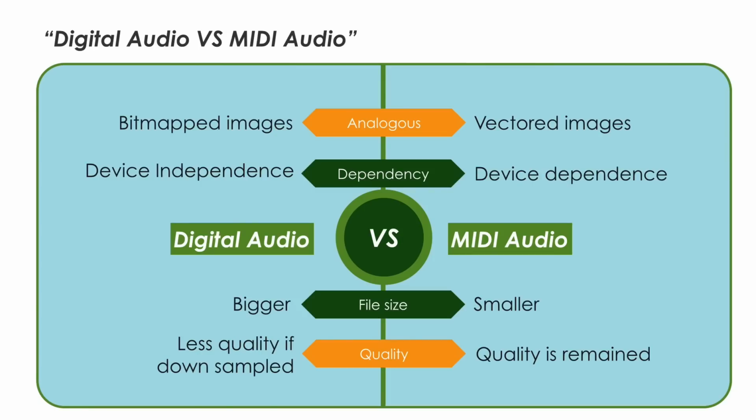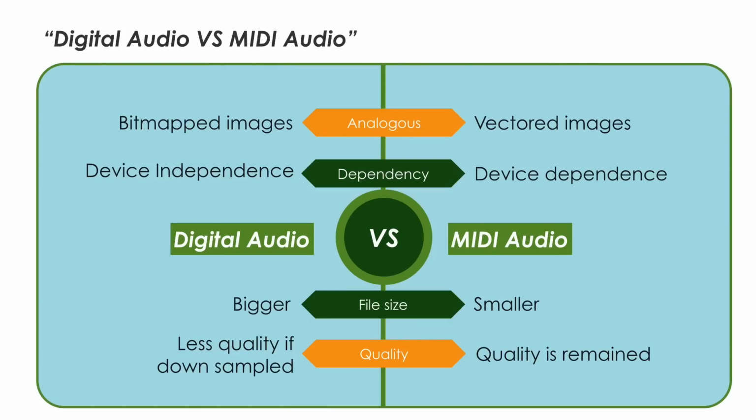Okay, so the dependency. Digital audio is device independent, where the quality depends on the recording device, not on the playback device. But the Midi audio is device dependent, where the quality of the audio depends on the playback device. Okay, so what about the file size?